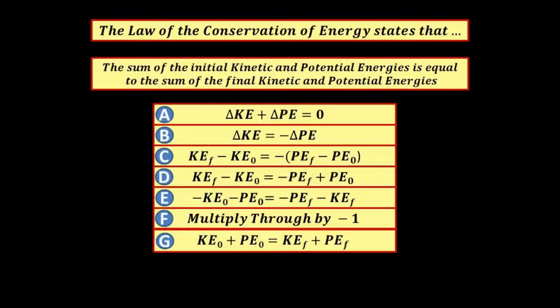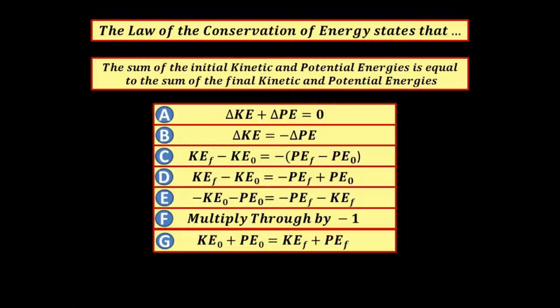If you expand delta KE and delta PE, you get the final kinetic energy minus the initial kinetic energy will equal the additive inverse of the quantity final potential energy minus initial potential energy. Distributing the additive inverse sign, we get final kinetic energy minus initial kinetic energy equals negative final potential energy plus initial potential energy.